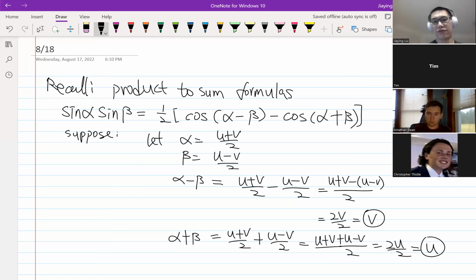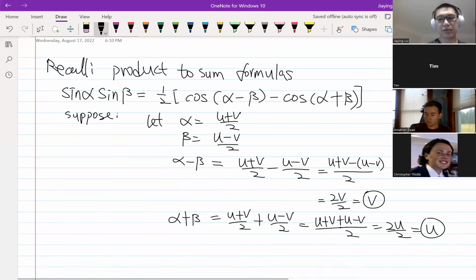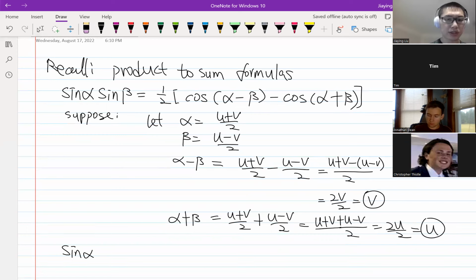So with u and v and alpha and beta, we can rewrite the equation above. Sine alpha becomes sine u plus v over 2 times sine beta, which is sine u minus v over 2.